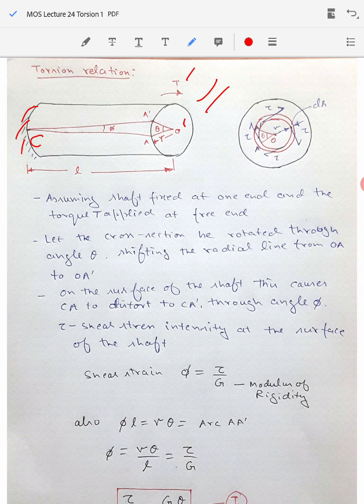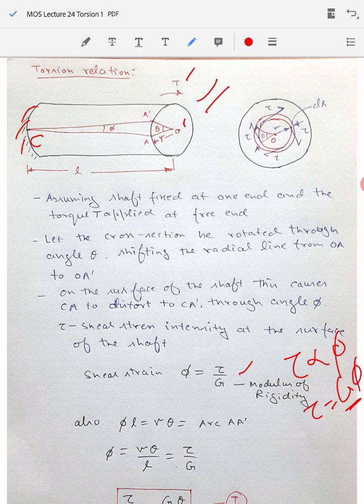There is a shear strain of phi magnitude that is there. So let's say that tau is the shear stress intensity at the surface of the shaft at this point. So shear strain phi can be written as tau by G, because we know that stress is proportional to strain, tau is proportional to phi, and we replace it by tau equal to G times phi.